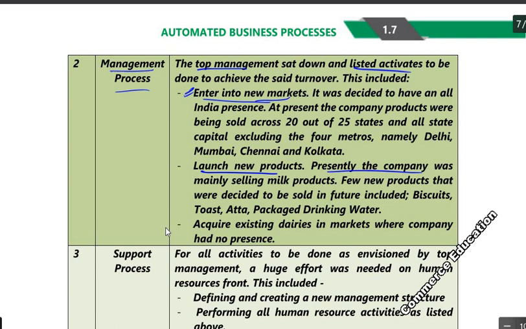Presently the company is selling milk products. New products: biscuits and packaged drinking water. They decided to sell these items, so they are launching new products and acquiring existing dairies. So to achieve this turnover, the enterprise should acquire existing dairies in the market.